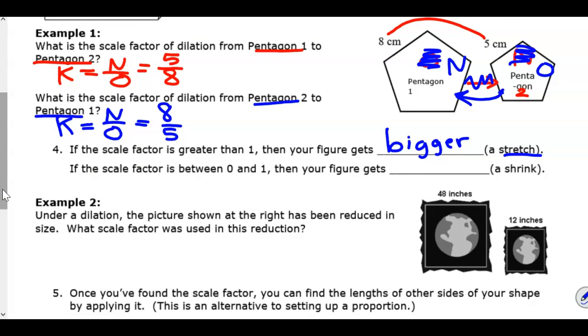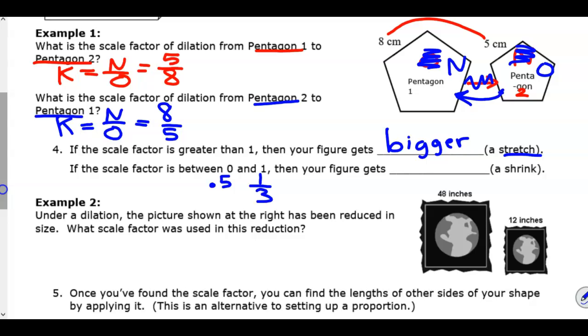Now, it says scale factors between 0 and 1. Now, tell me, what's a decimal between 0 and 1? 0.5? Okay. And what's a fraction between 0 and 1? That's not 1/2.